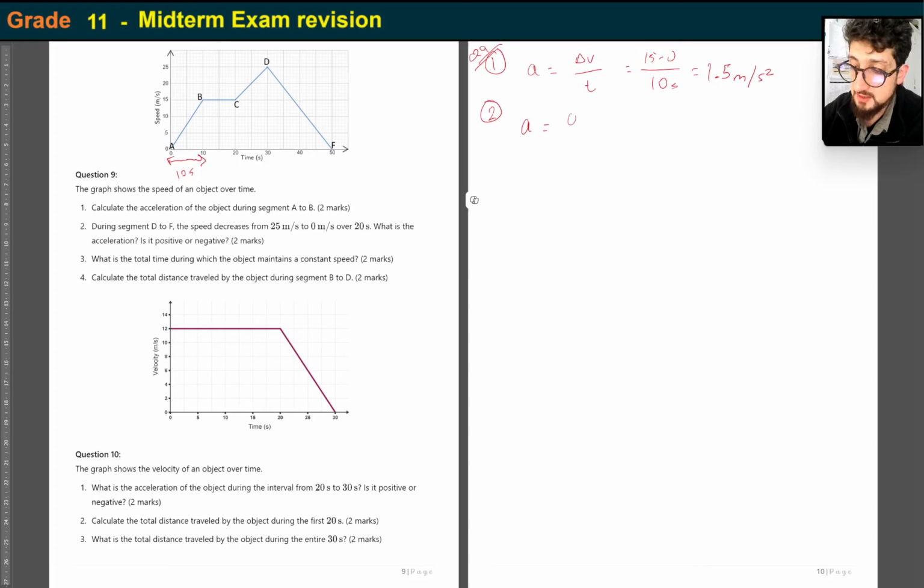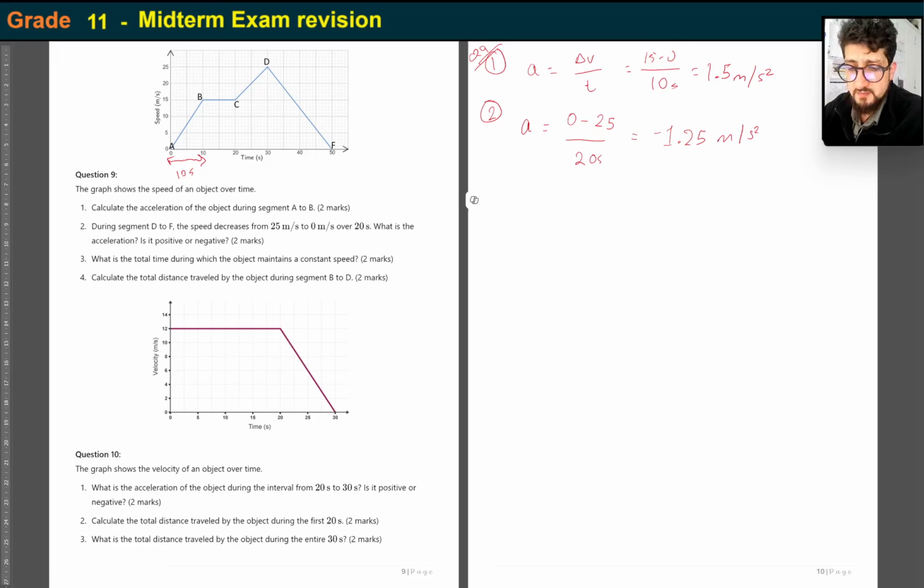The final velocity in this case is 0 minus 25 all over 20 seconds. So it's going to equal 0 meters per second minus 25 meters per second all over 20 seconds, which is negative 1.25 meters per second squared. Is it positive or negative? It's negative, obviously. It's decreasing because it's going from high to low.